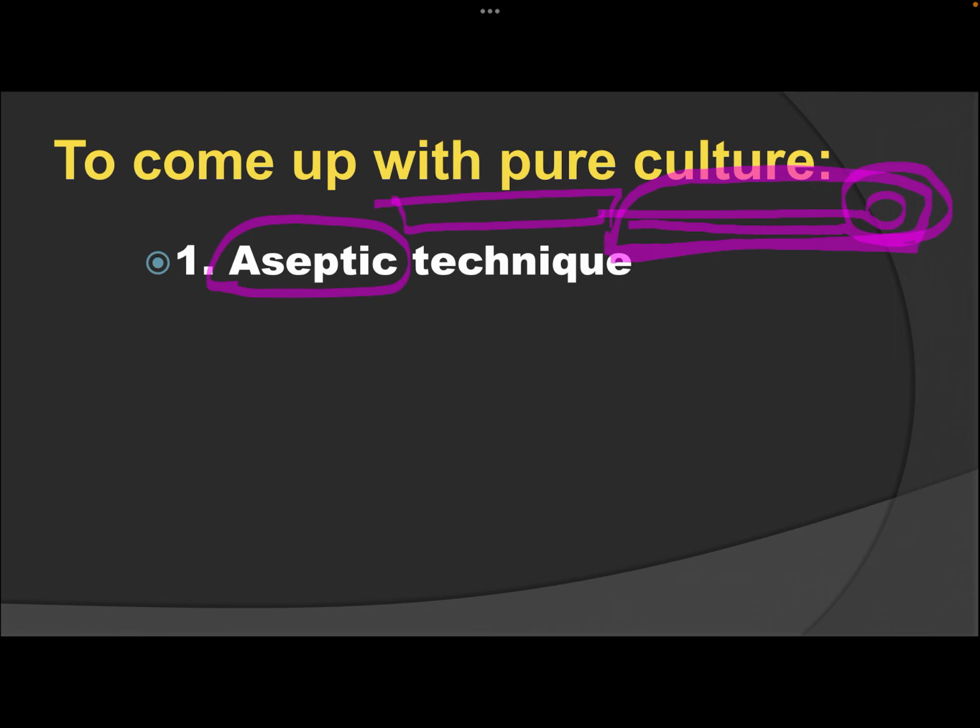Another example of aseptic technique is making sure that before you open and after you close the Petri dish, you flame the mouth or the opening of the Petri dish. For example, you have here the lid and also the body of the Petri dish.